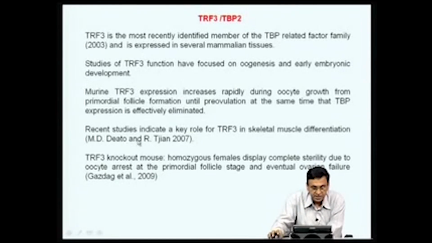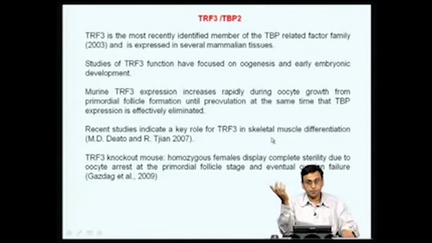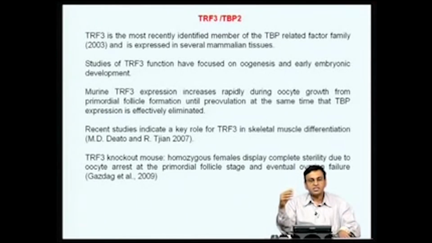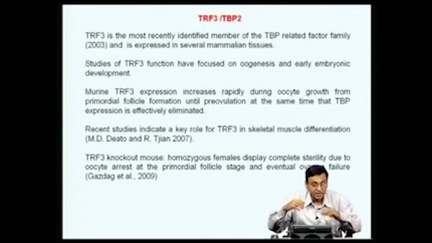And many recent studies indicate that, as recently as 2007, TRF3 has a very important role in skeletal muscle differentiation. So, I am telling you these examples just to emphasize the fact that there are variants of TBP which seem to have a very tissue specific, cell type specific or developmental specific regulation, because their expression pattern is different from the normal TBP.